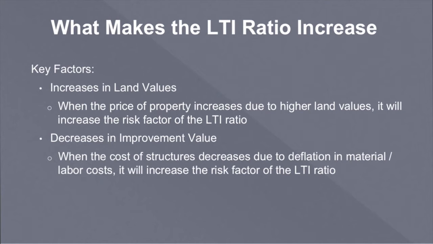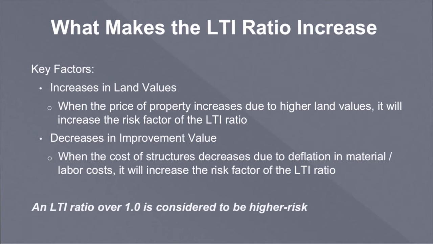When the cost of structures decreases due to deflation in these materials, these packaged commodities that we talked about, it will increase the risk factor because you have less of that intrinsic value in the commodities. But again, the improvement value does not fluctuate nearly as much as land values in expensive markets.